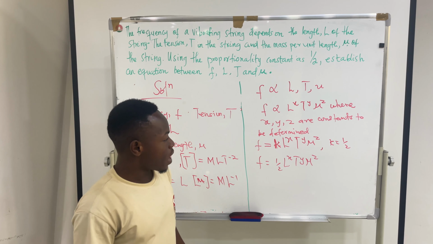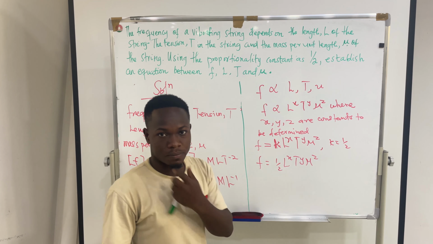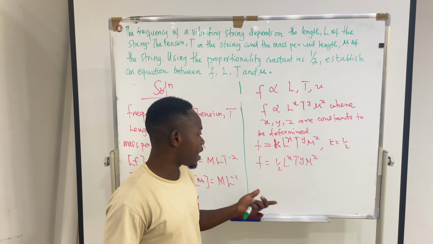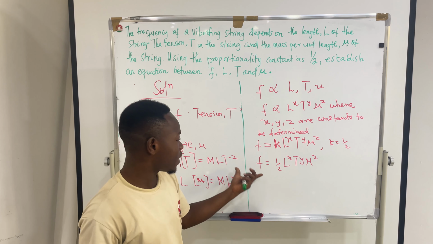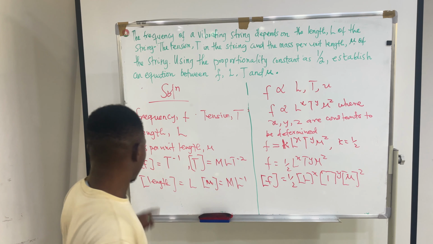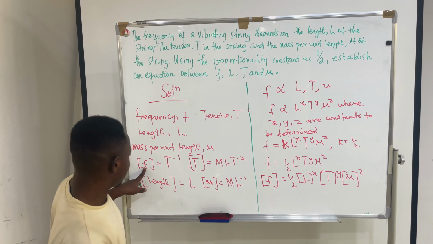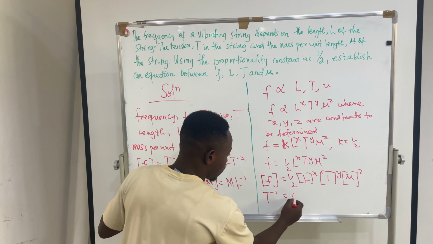Our point now is to find x, y, z, and dimensional analysis can help us do that. What we are going to do is simply substitute the dimensions of the left hand side and the dimensions of the right hand side of the equation. Substituting their dimensions, for F it is T exponent minus 1, being equal to half.